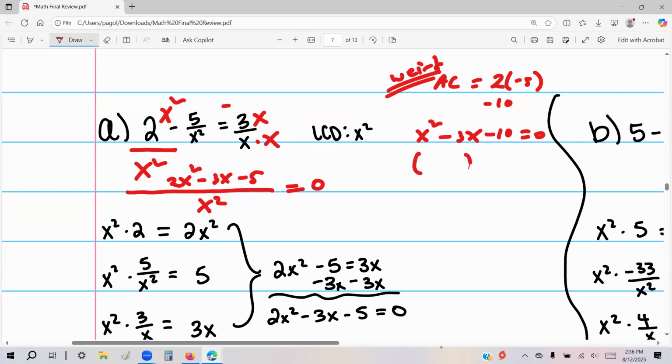Any factor. Which two numbers multiply to 10 and combine to 3? 5 and 2, and their signs? 5 has to be negative because the middle term is negative. So 3 has to be positive. And then we do something weird. That's why it's called the weird AC method.